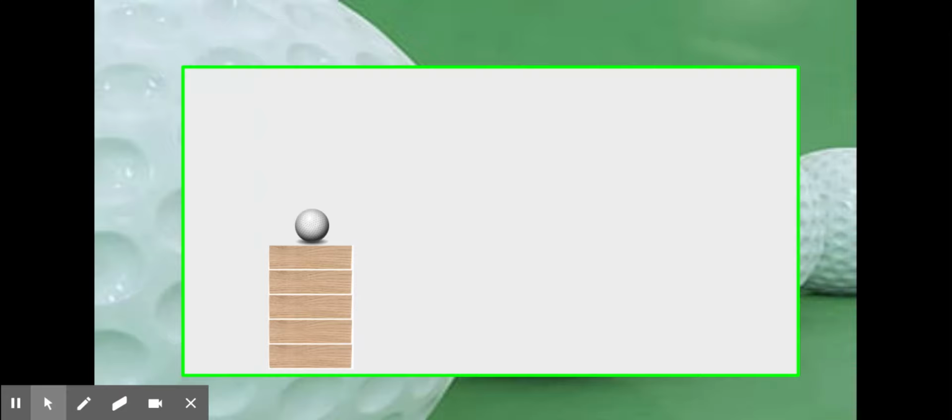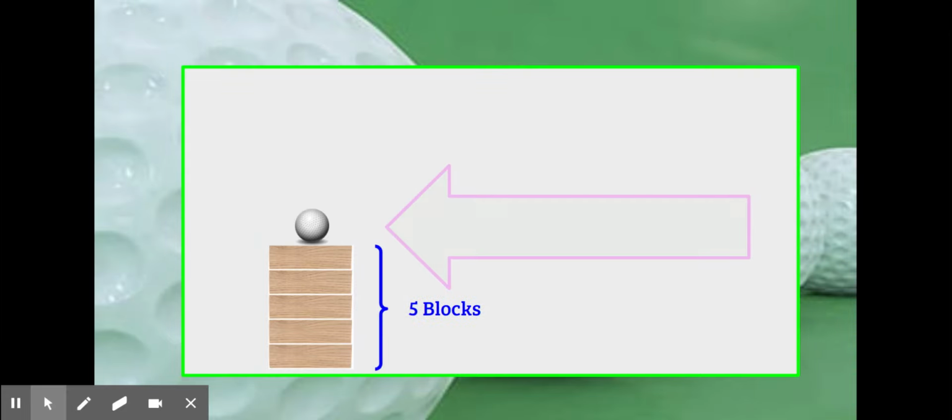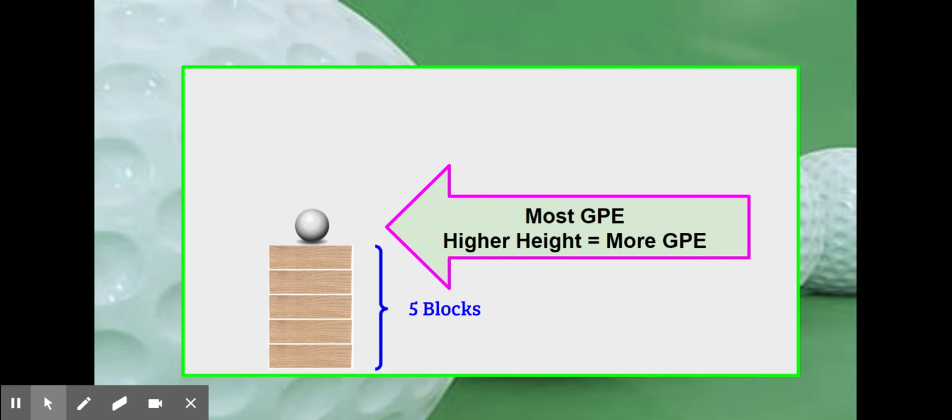When the golf ball rests on the highest ramp height of 5 blocks, that's when the golf ball has the most gravitational potential energy, because we know that the higher the height, the more GPE that object will have.